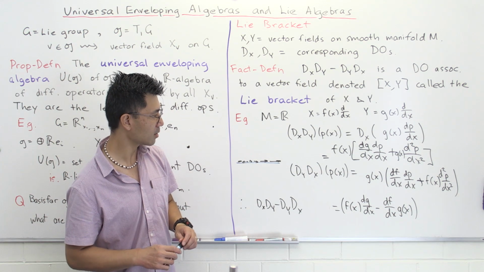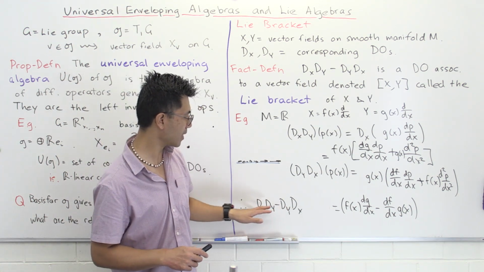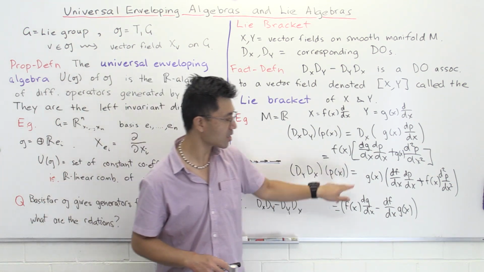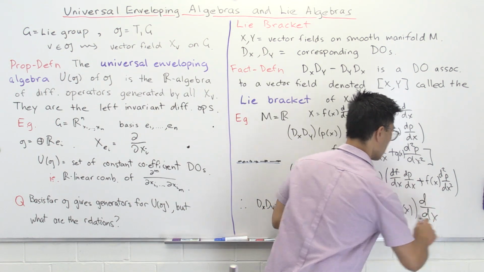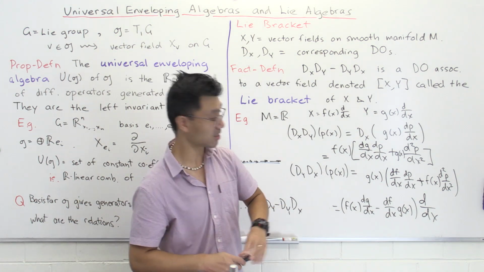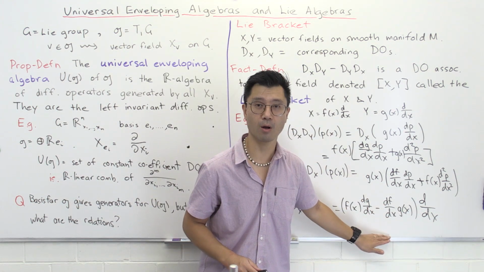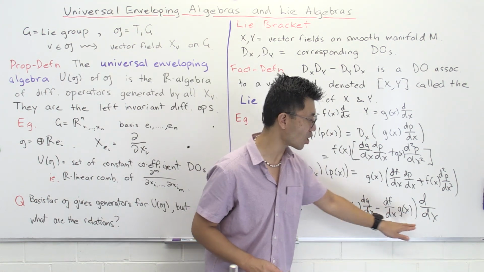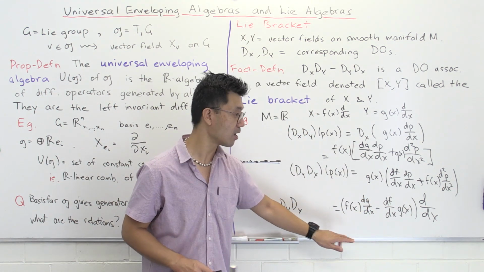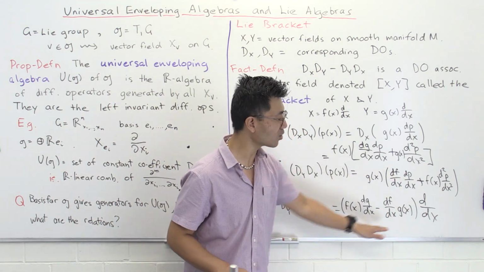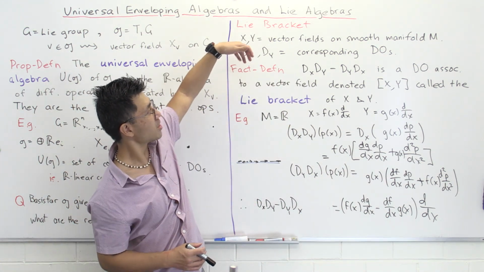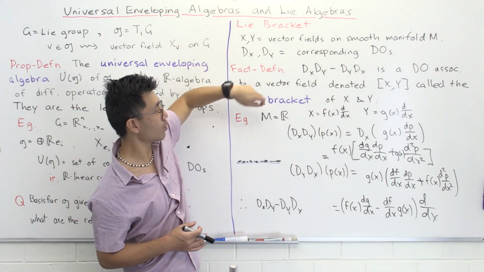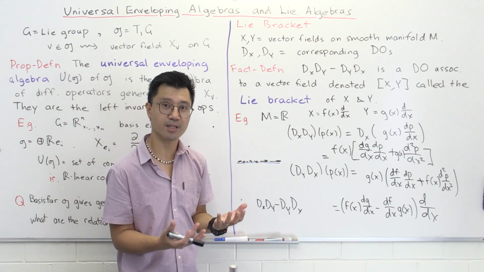So it turns out that this d/dx d/dy minus d/dy d/dx is just this polynomial times d/dx. So it's this differential operator, okay? And it's associated to this vector field here, because this is just a smooth function times d/dx. And that establishes this fact in the case when m equals r, and it's representative of the general proof.